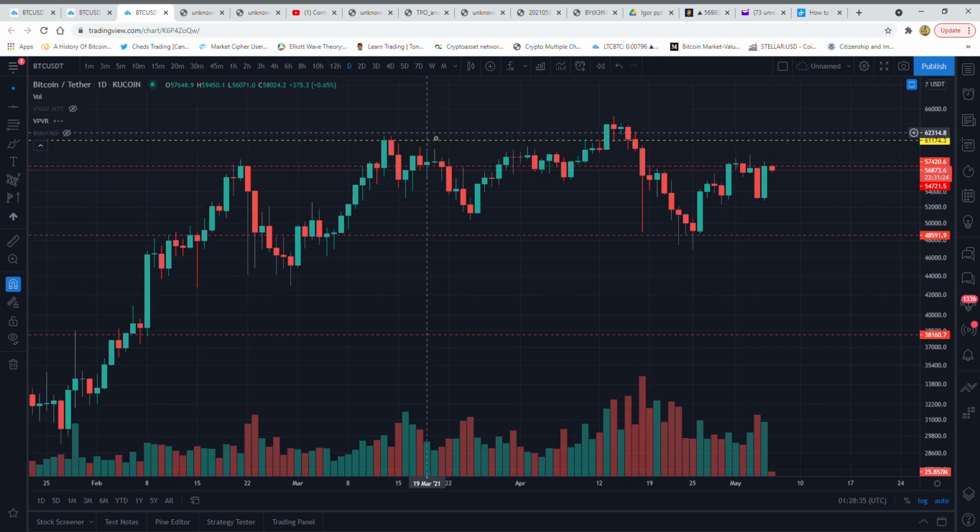Okay, so on the daily level, let's see here, which is also the weekly level, you can see the price is closing right at the level that we drew on the weekly, and then it's moving continuously here.